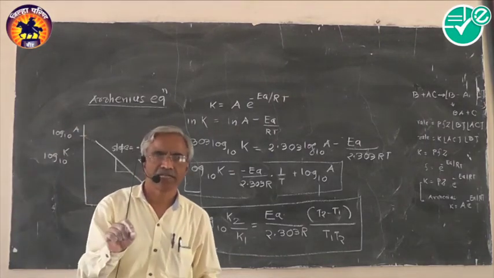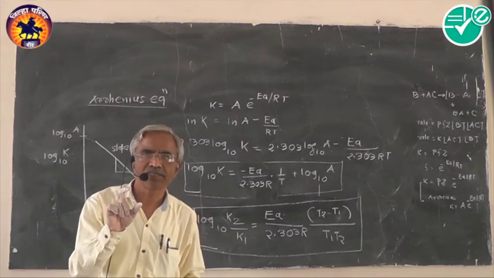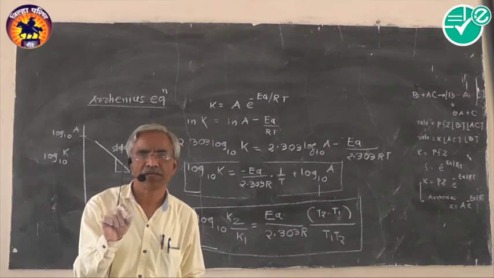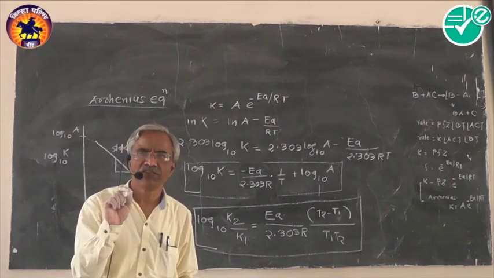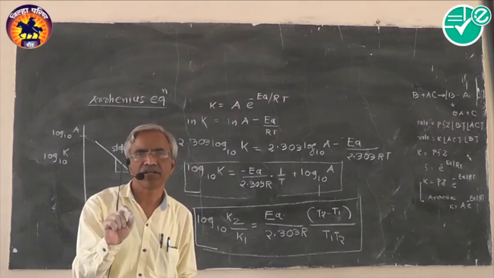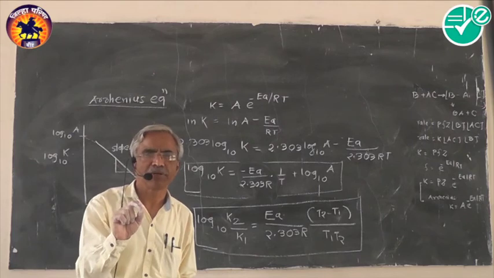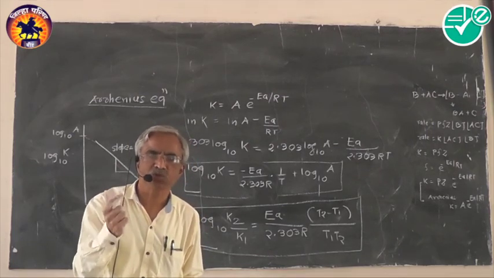In this way we have concluded the total theoretical topic of chemical kinetics. From the next lecture we will go on solving the different objective multiple choice questions, how to solve them, and what the tricks are to solve them.